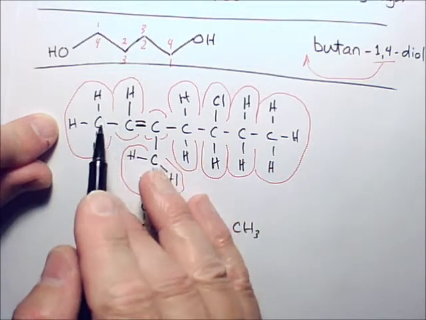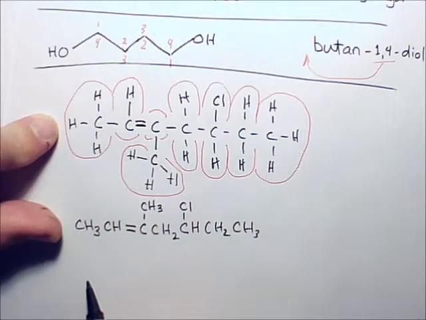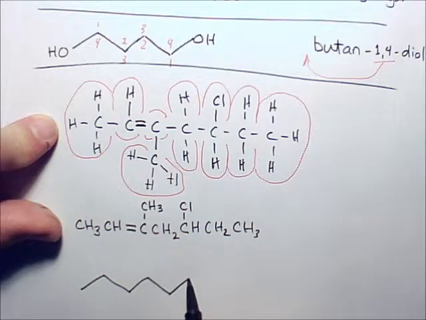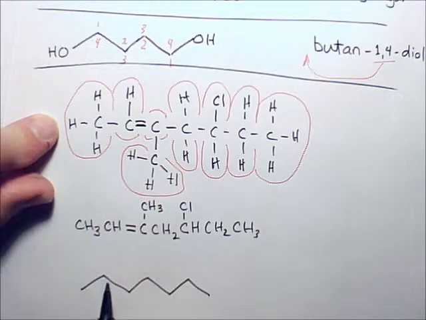Okay, so for a skeletal formula, I need 1, 2, 3, 4, 5, 6, 7 carbons. So I need 6 bonds. Right. 1, 2, 3, 4, 5, 6 bonds. Okay? Alright, so all I have to do is go through and find the second bond is a double bond.